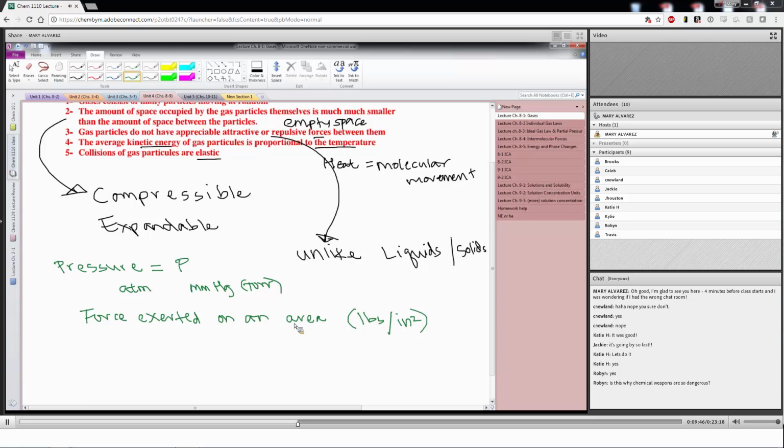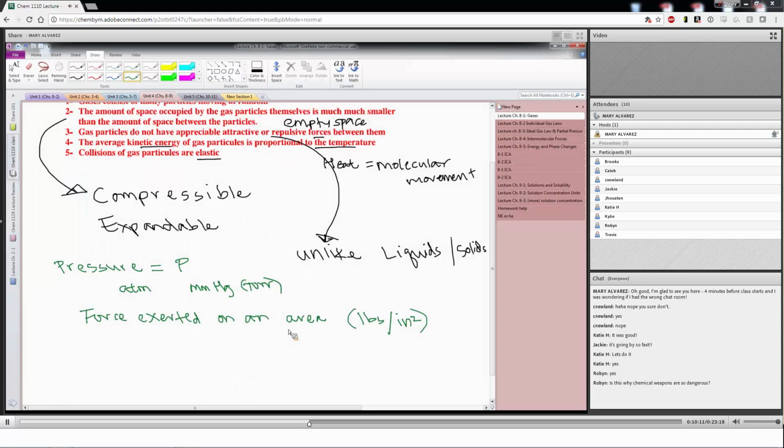Oh, I'm sorry, Robin, I didn't see that question in context of what I was talking about. Chemical weapons, though, are more dangerous because of the chemical reactions that they can undergo than anything else. Explosives are so dangerous because they make gases as products, and those gases expand so quickly that it really causes that big explosive force.